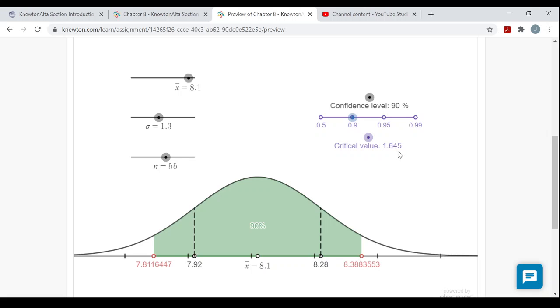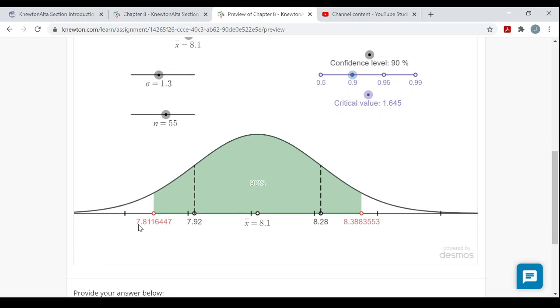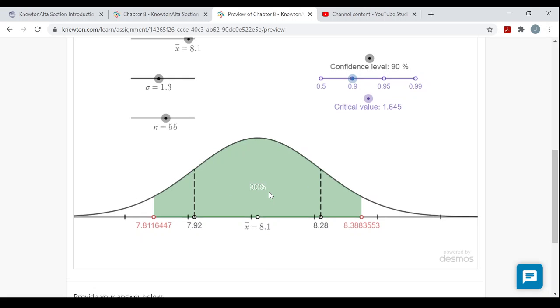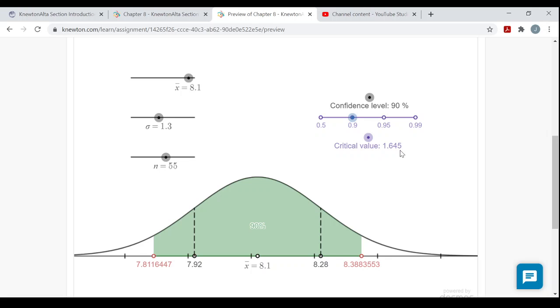The critical value here is just how many standard deviations from the middle these upper and lower limits of the confidence interval are. So this 7.81 here is 1.645 standard deviations below the mean, and this 8.388 is 1.645 standard deviations above the mean, to get 90% of the area under the curve in between those. Critical values are just numbers of standard deviations, like a z-score. Don't worry about that right now.